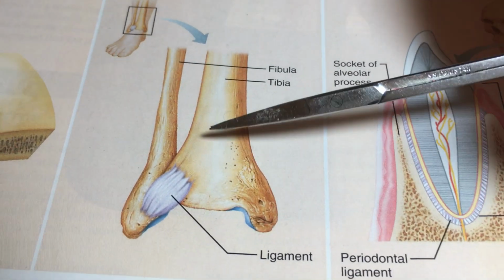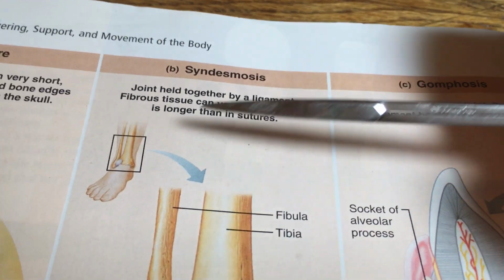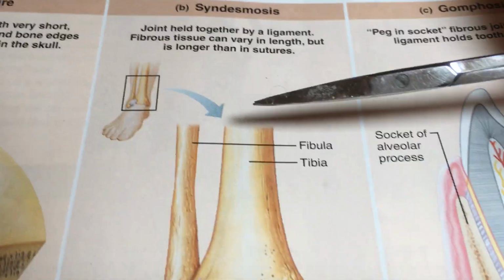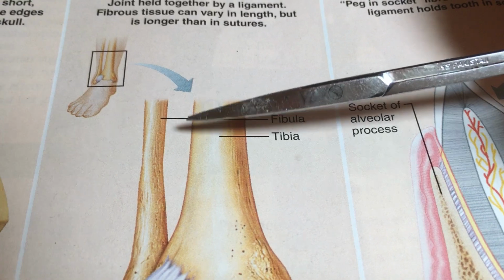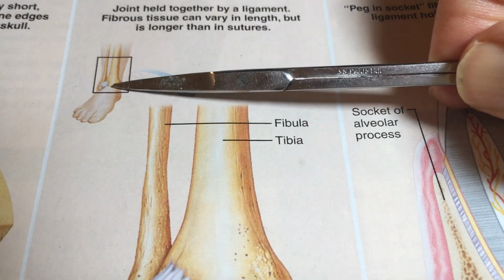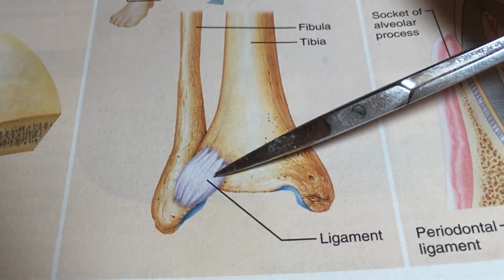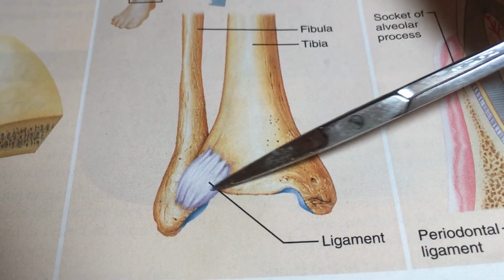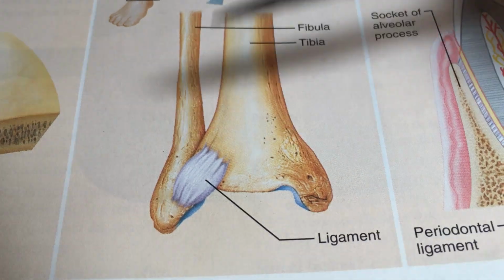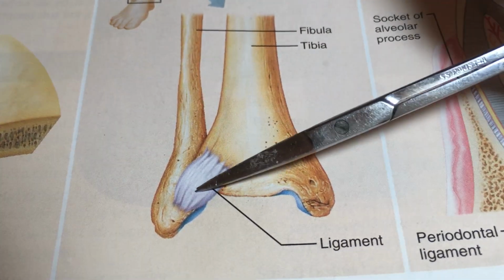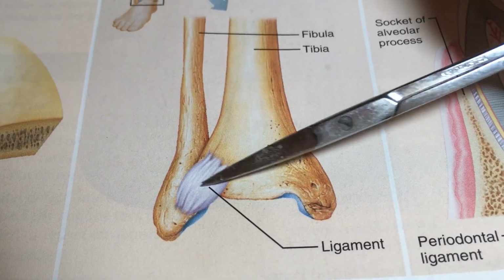Then we have what's called syndesmosis. Again, this is an immovable joint, and that's one option. The ligament that is between the tibia and the fibula right there forms the ankle.